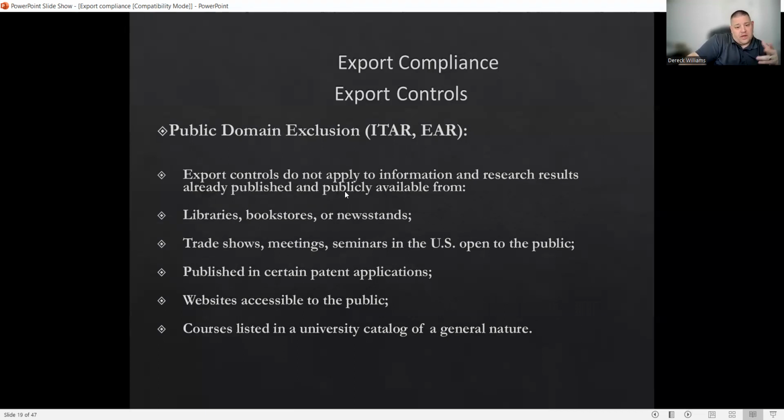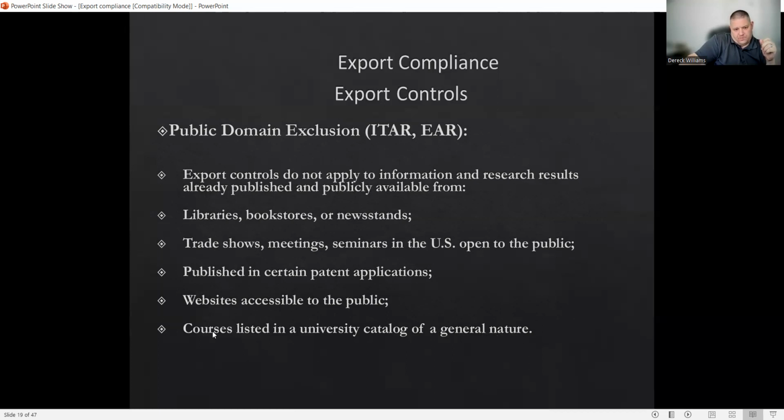Export controls don't apply if the information and research are already published and publicly available from libraries, bookstores, or newsstands, trade shows, meetings, seminars in the US that are open to the public, published in certain patent applications, websites accessible to the public, or courses listed in the university catalog of a general nature.